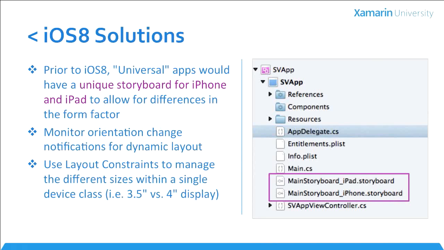And so this allowed us to create adaptive UIs, so they could dynamically take advantage of the available screen real estate and then resize or reposition based on the device size, type, and orientation. Now, this only partially solved the problem because we still needed to create separate storyboards for the iPhone and the iPad, and that meant duplicating a lot of work.